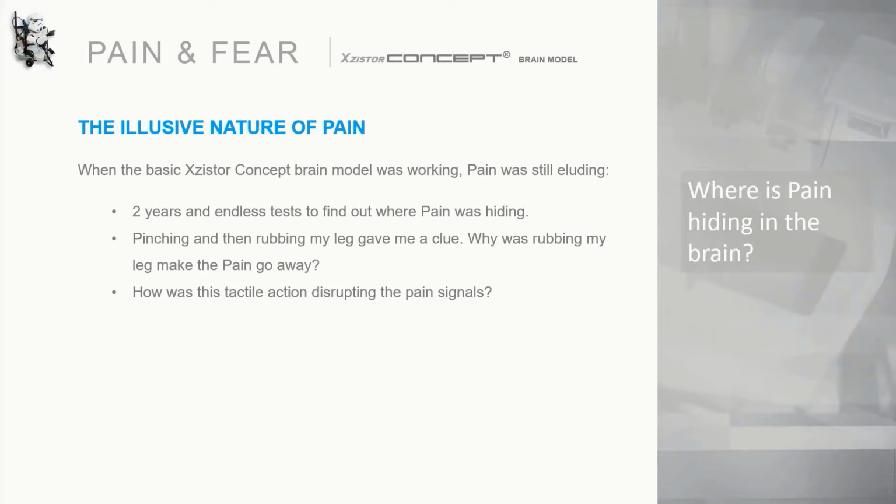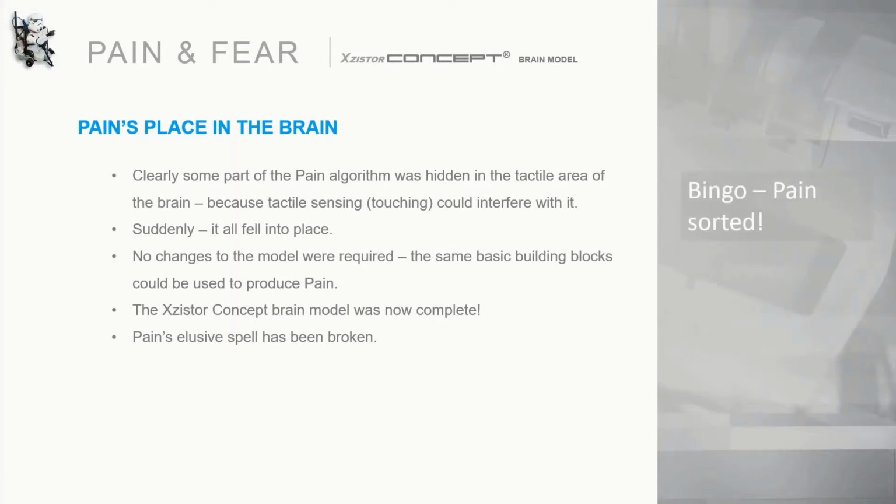That gave me a clue, and the question was, how was it that the tactile action of rubbing the area where I pinched myself would make me feel better and interfere with the pain signals? So clearly some part of our pain algorithm was hidden in the tactile zone of the brain, because touching the area could interfere with it.